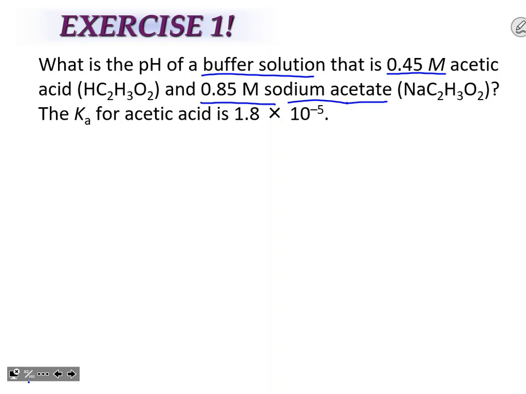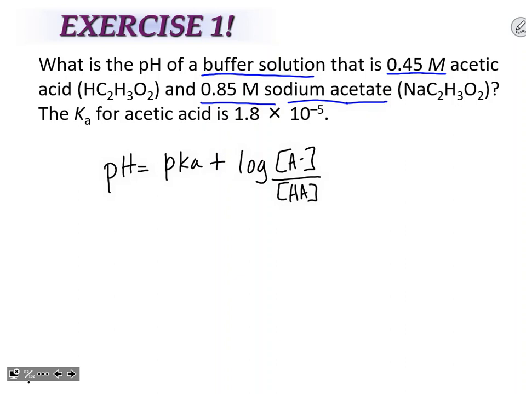So we have both in solution. We know this is a buffer. So really, just pH equals the pKa plus the log of the base over the acid. This one's an easy one because it's telling you it's a buffer. It's just a plug and chug.